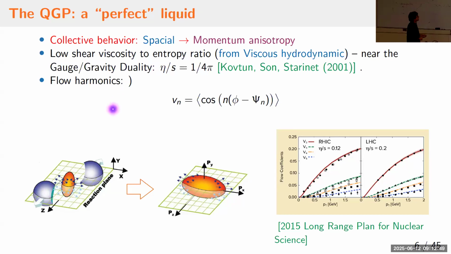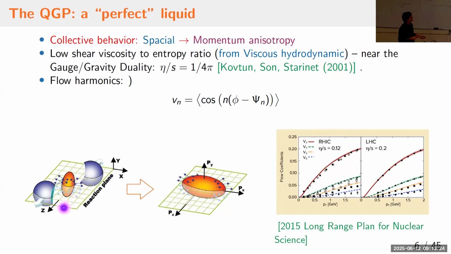In particular, we look at the average of the cosine of the azimuthal angle of the particles with respect to the reaction plane. This cosine modulation is a reflection of momentum anisotropy in the final state. If there's a momentum anisotropy, it means that strong interactions, or collective behavior, in the final state led to this kind of anisotropy as a transfer from spatial anisotropy.